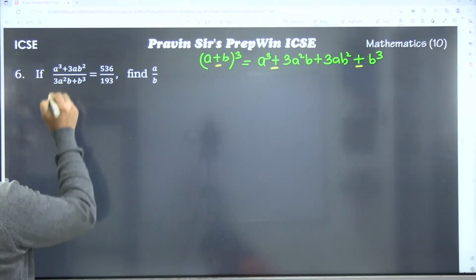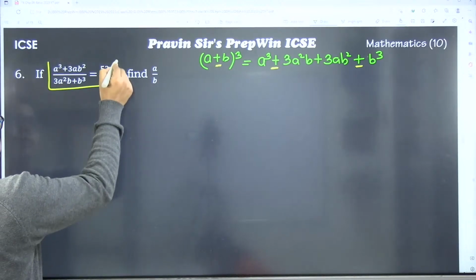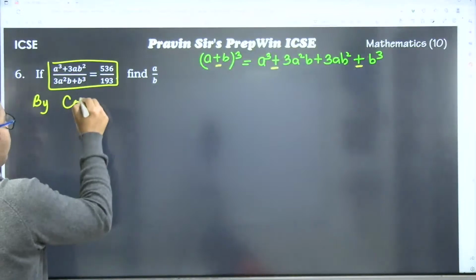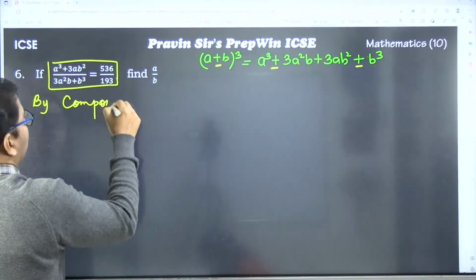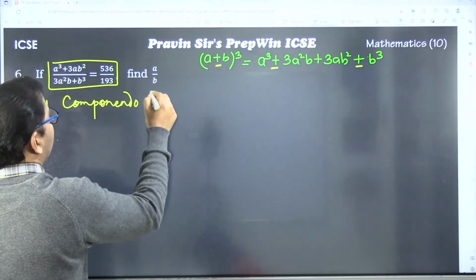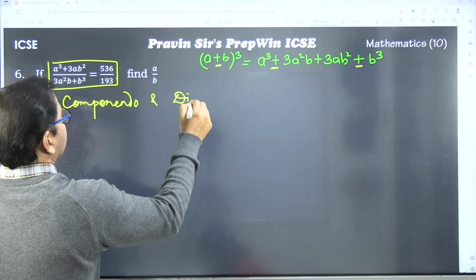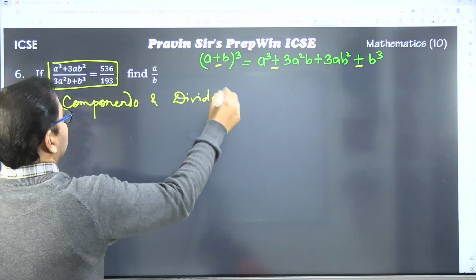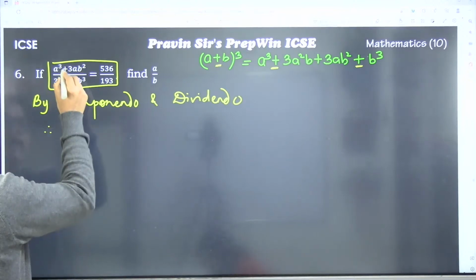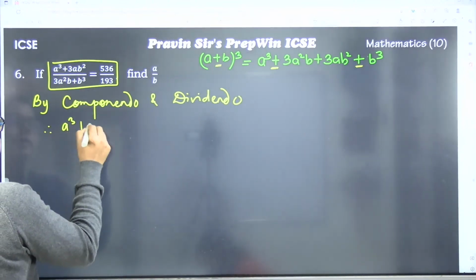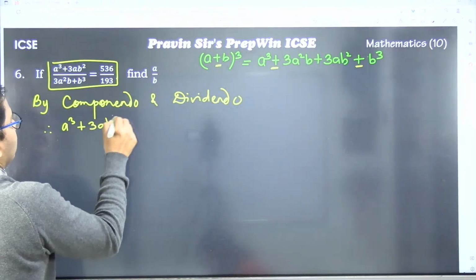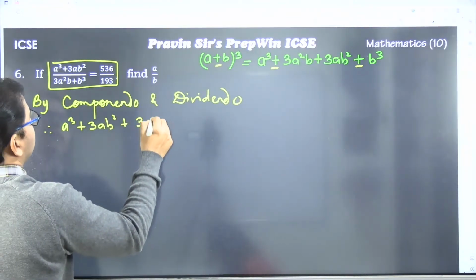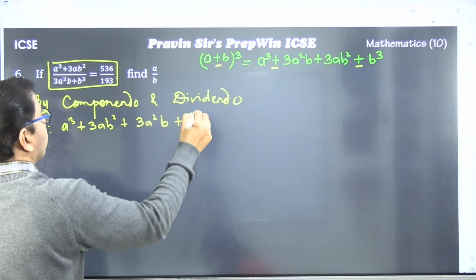So okay, right, start with the question first. Start with this question first, then write by componendo and dividendo. See what you get. In numerator, you will be getting a cube plus 3ab square plus 3a square b plus b cube.